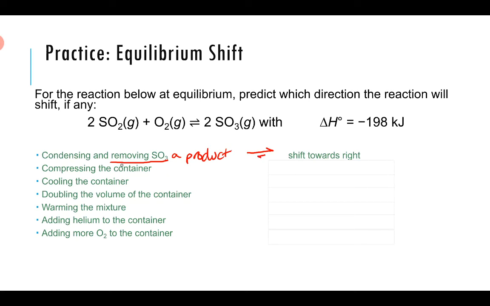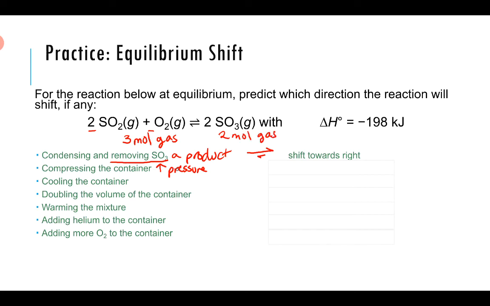Okay. Next up is compressing the container. And so this is going to increase the pressure. So we have to figure out how many moles of gas we have on both sides of the equation. Here I have 3 moles of gas. And here I have 2 moles of gas.